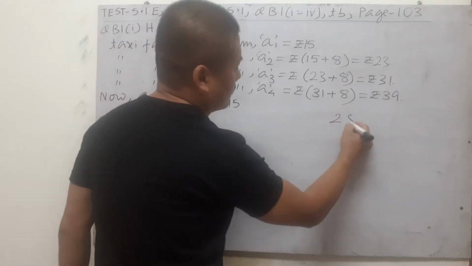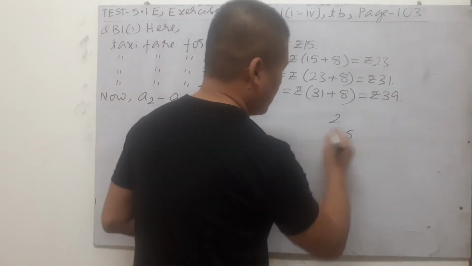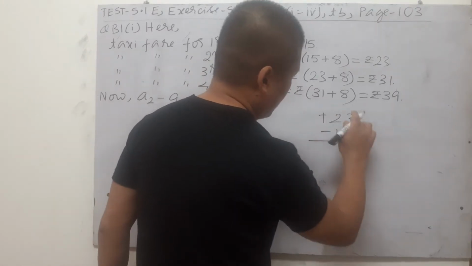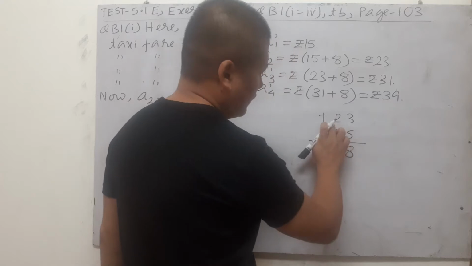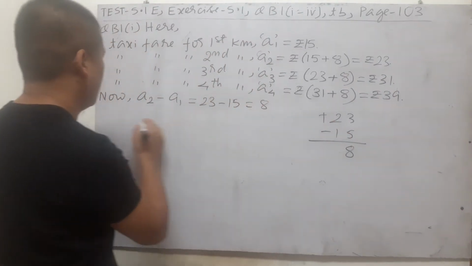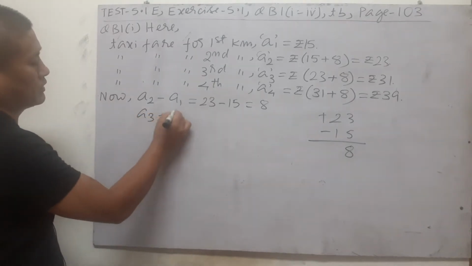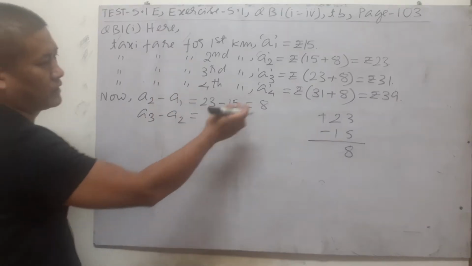If you subtract 15 from 23, we get 8. How about A3 minus A2?